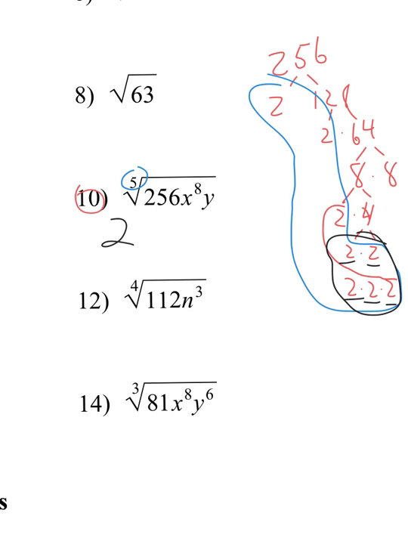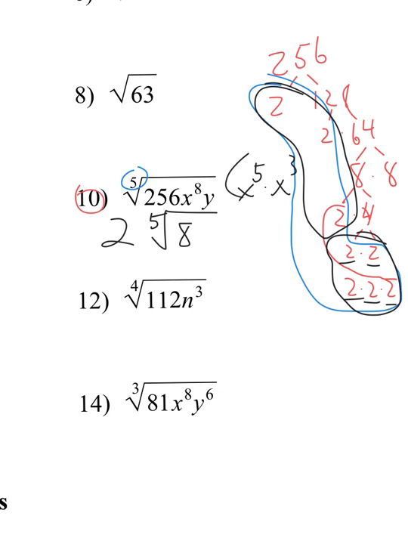Okay, so those 5, but I also have these 3 still left, so they have to go back under the radical, and it's the fifth root. So I'm going to put a 2 and a 2 and a 2, and they get multiplied back together under there, so that is 8. Now, x to the 8th could be written as x to the 5th times x to the 3rd.